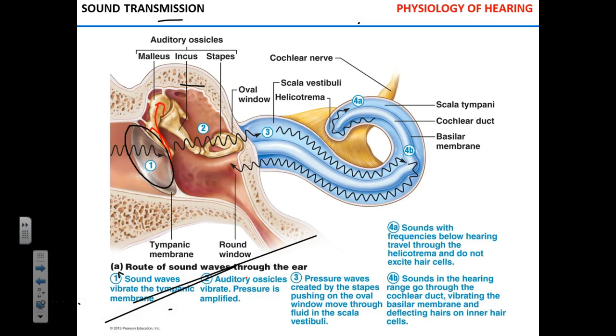First is malleus or hammer, second is incus or anvil, and the third is stapes or stirrup. Stirrup overlays the oval window. You can't really see it, it's under the stapes. Here you can see stapes.